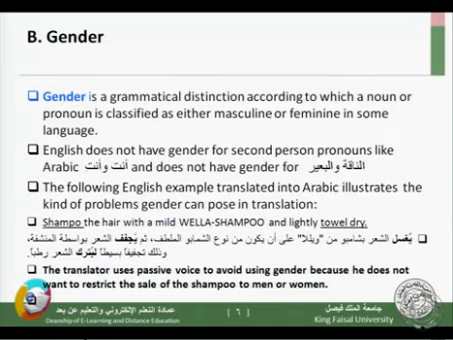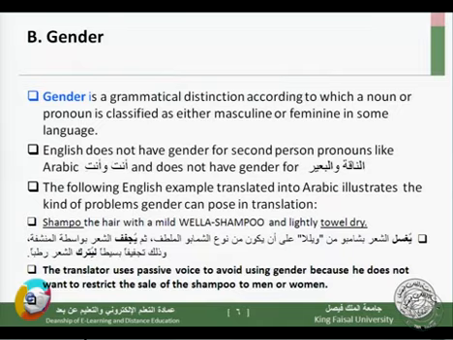Now to avoid this confusion and to be able to sell the shampoo to everyone, the company which asked him to translate asked him, look, make it passive. We want to sell shampoo to men and women. Do you understand? So you need to look at gender this way.